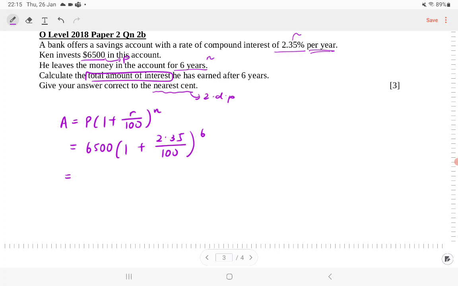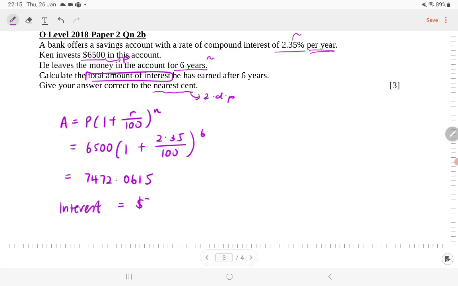Don't wait for me to give the answer. You should practice on your own calculator. Okay, so my answer here is 7472.0615. Okay, so what's the total interest that he got?